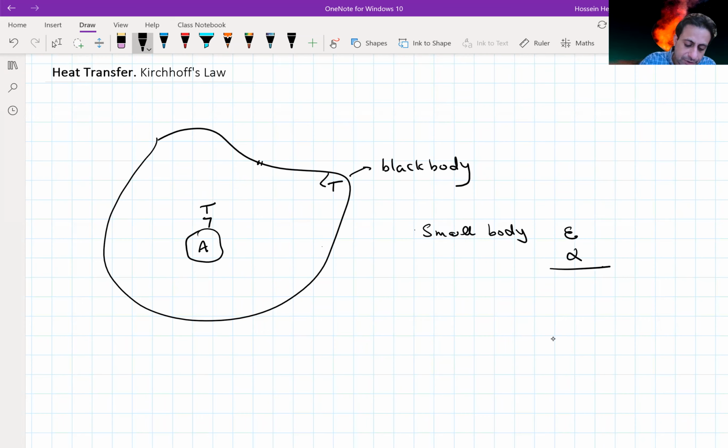Now, the black body is emitting thermal radiation E_b, which is sigma T to the power of 4, where T is the surface temperature. Part of that thermal radiation is going to be received by this small object.